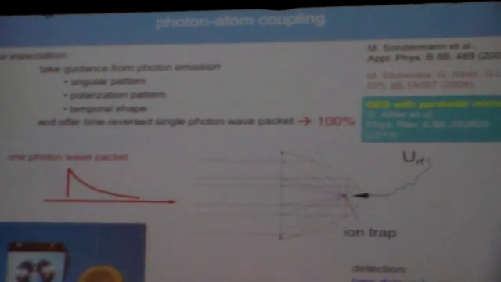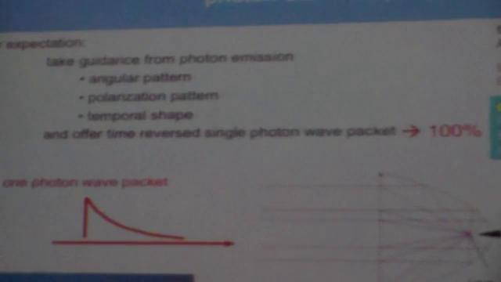So when you do experiments, you have to make decisions again and again. And one decision we made is that we said we'll go for an ion that we trap in a Paul trap. Of course, for this you need electrodes.